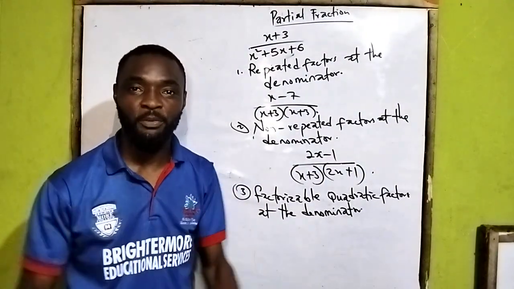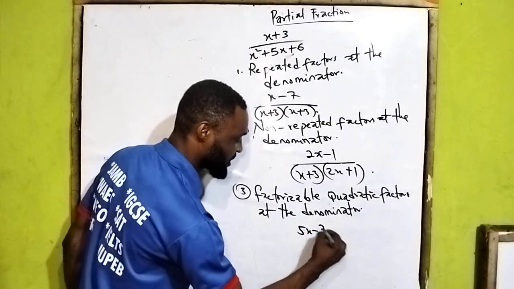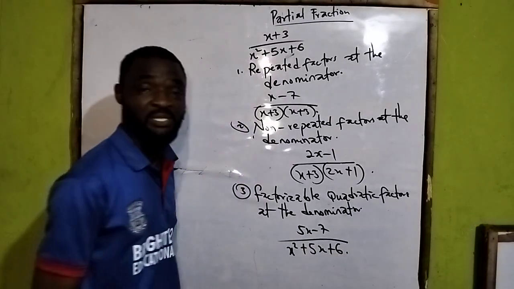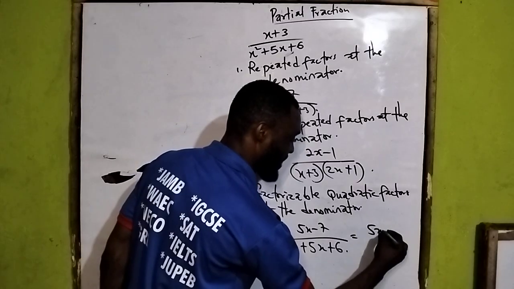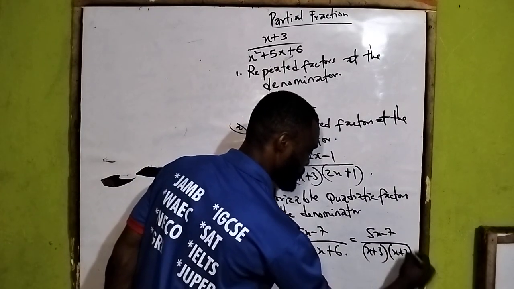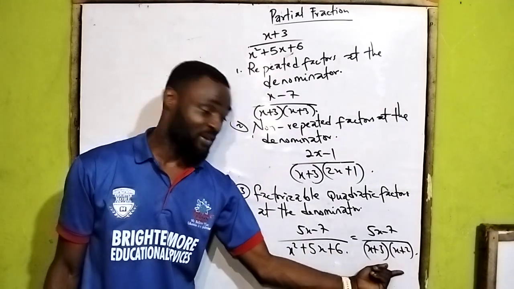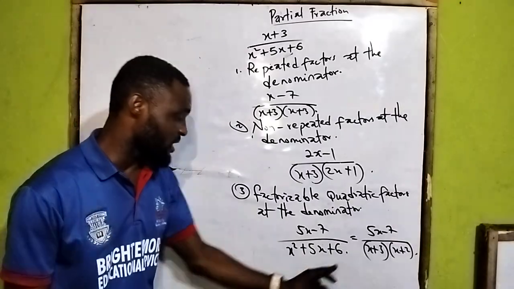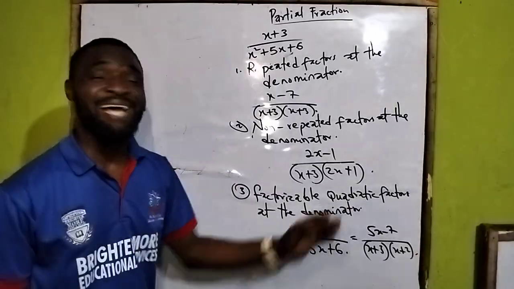You can use the factorization method to resolve it. Example, if you have 5x minus 7 over x squared plus 5x plus 6, I can factorize this to give me 5x minus 7 over x plus 3, x plus 2. This is the factorized form of x squared plus 5x plus 6. If you expand, you will get this one. This is an example of factorizable quadratic factors at the denominator.